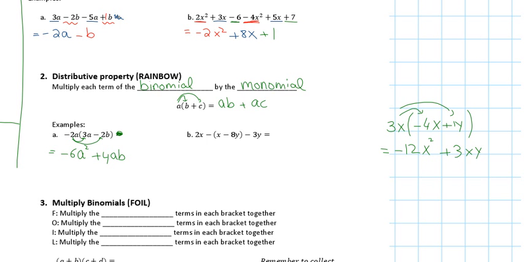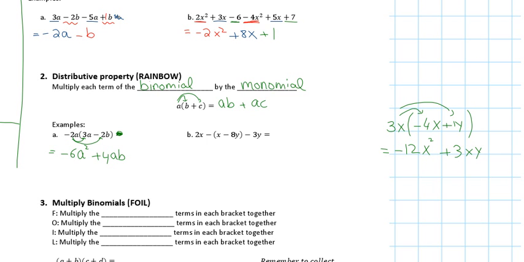So I can't collect like terms because I have a bracket. The first thing I want to do is release these terms from the jail. Okay? So how do I release these two terms from the jail? That 2x is not multiplied by this. Right?